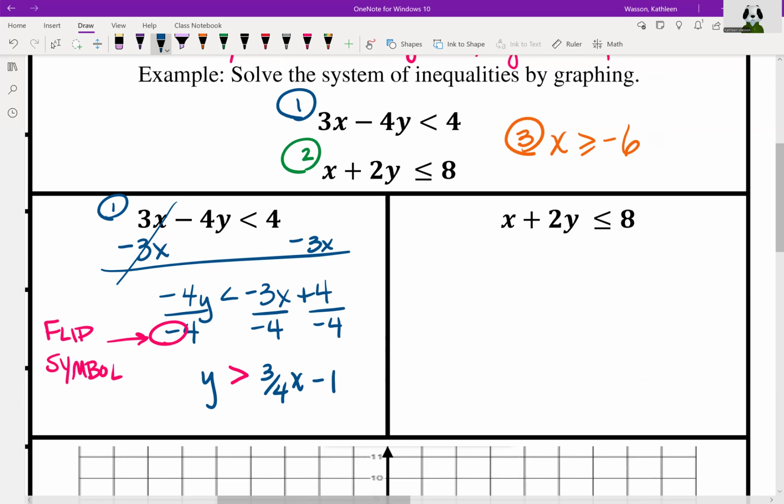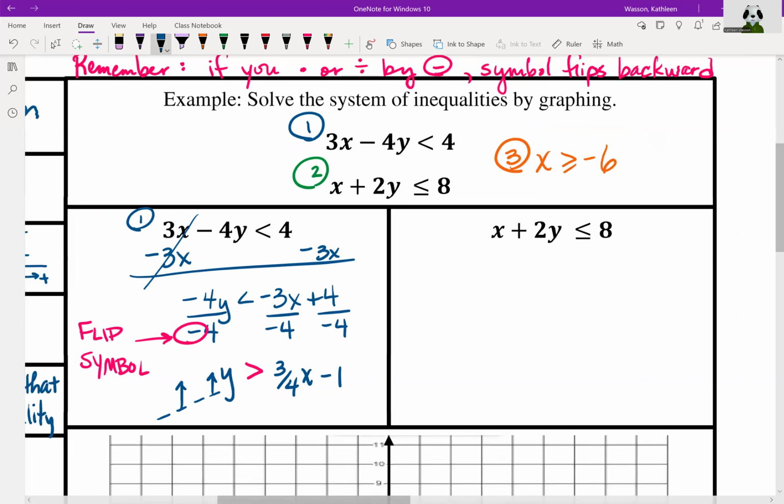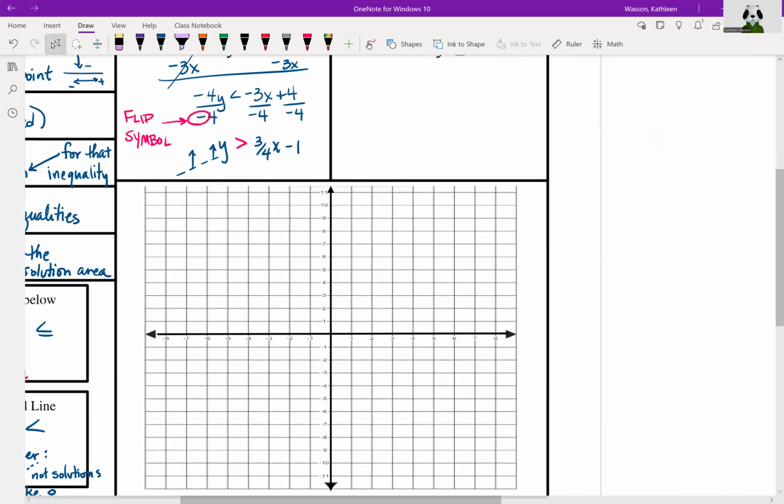When I graph this, I will have a dashed line with a positive slope, and my solutions will be above this line. We can go ahead and draw that one in. This will cross my graph where y is -1 and I have a slope of 3/4.